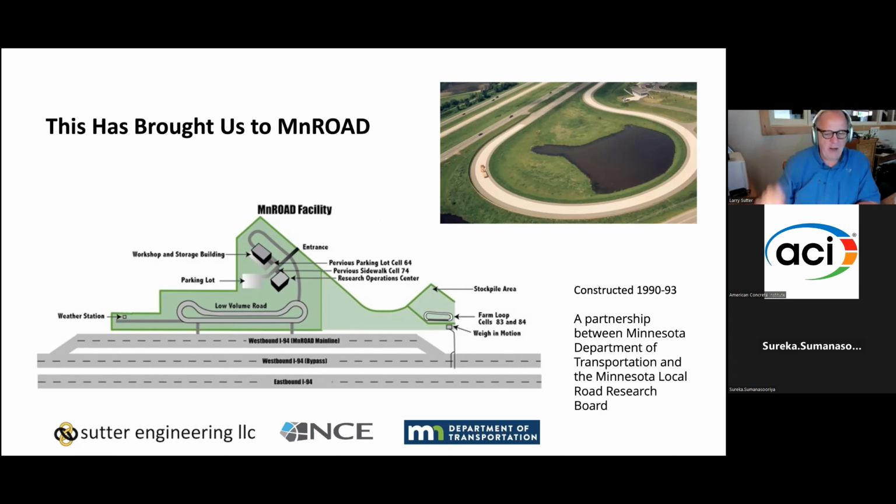If we need to do maintenance, we simply close the gate, put the traffic back on westbound I-94, and do whatever maintenance is necessary on the main line section until we have it ready to reopen. They also have this other loop called the low volume road where we can do other types of testing where we don't see interstate traffic, but they have a truck running on a regular basis with a fixed load. So it's really an excellent opportunity to test materials in a real world condition.